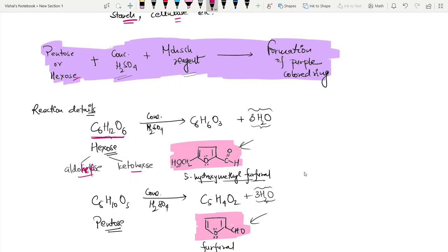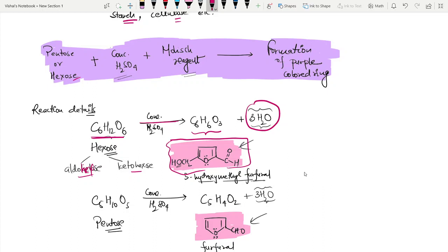When you treat this with concentrated H2SO4, it's a dehydrating agent, so it will extract 3 H2O out from the molecule, and the molecule will stop dehydrating when it reaches this aromatic compound which is called furfural, but it's the 5-hydroxymethyl version of furfural here.